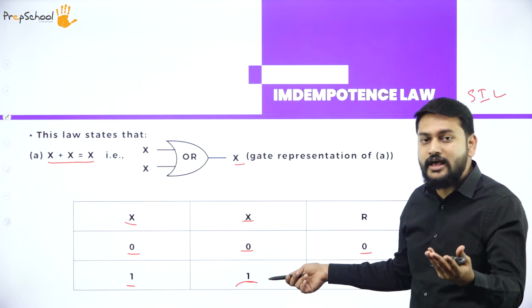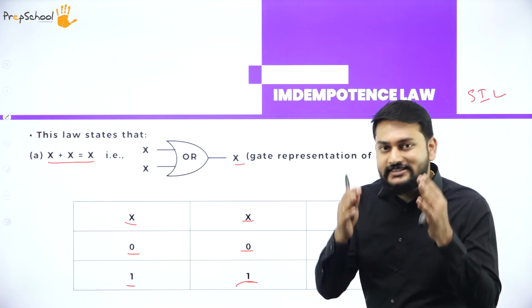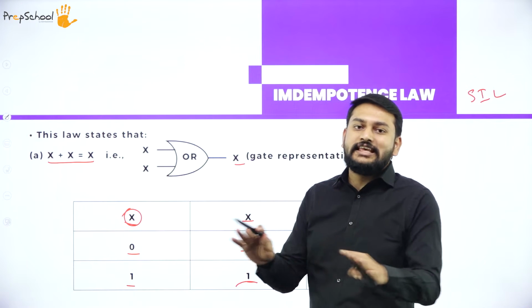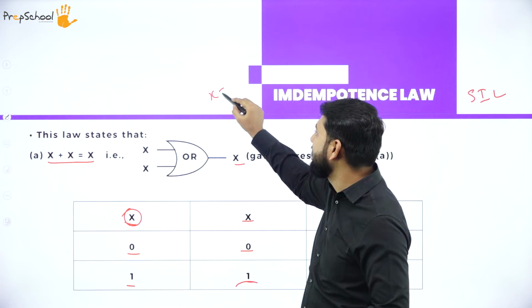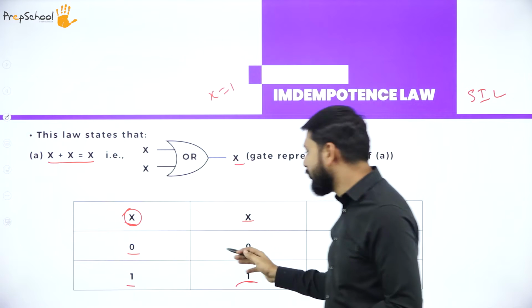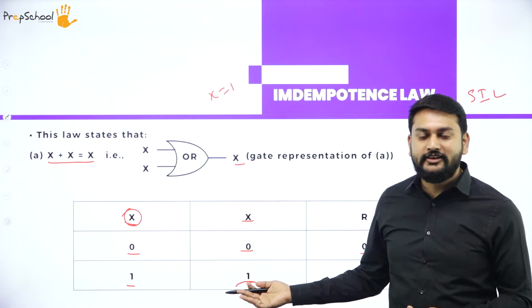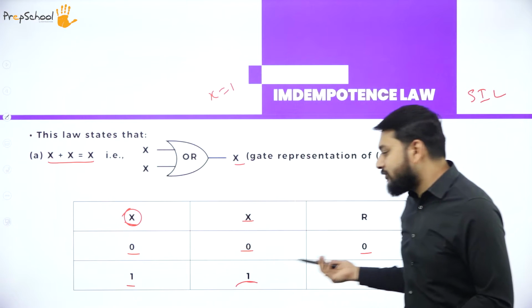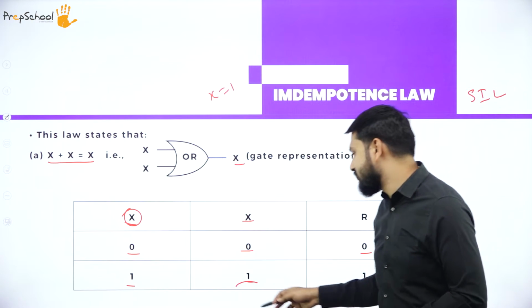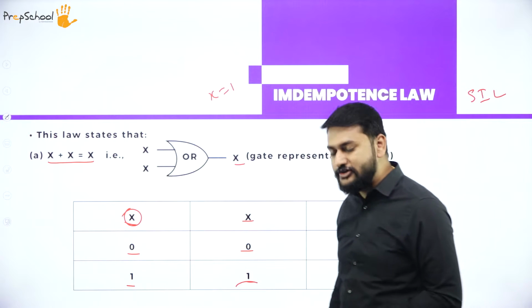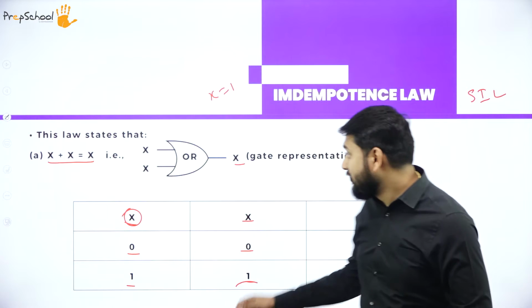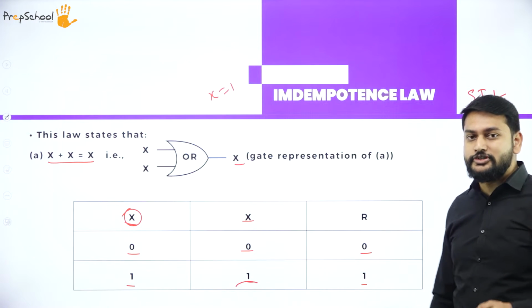Please understand, whatever x value I have is the same. Say for example, if I take x as 1, then I have to take 1 for both x's. That's why I have taken it like that. So 0 plus 0 gives me 0, 1 plus 1 gives me 1. That's what you need to remember. Like this, you have to prove this law. This is the first one, the idempotent law.